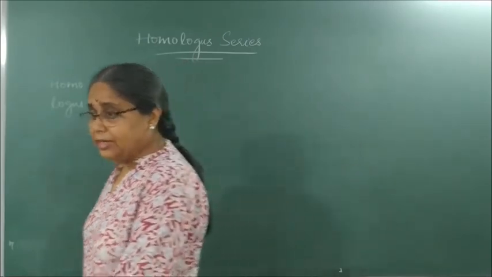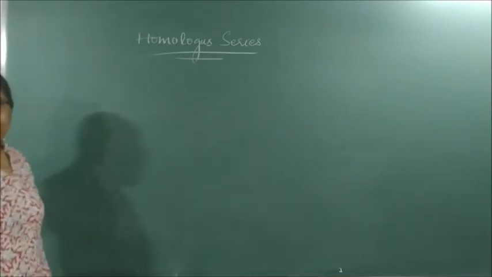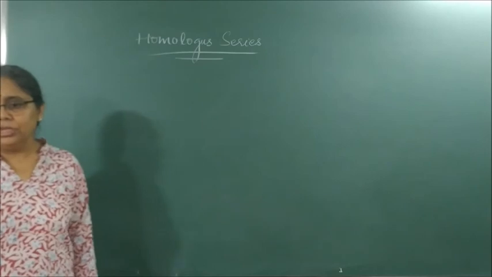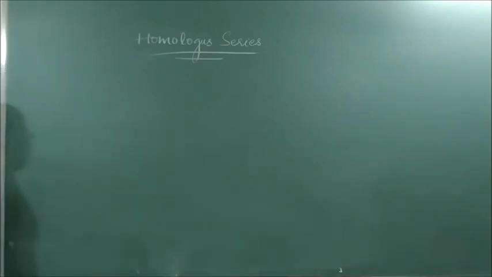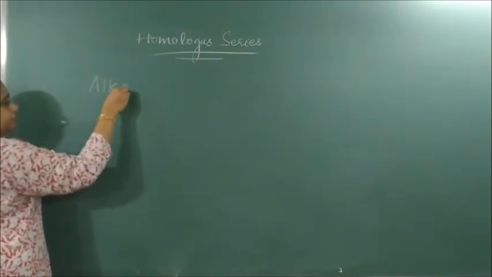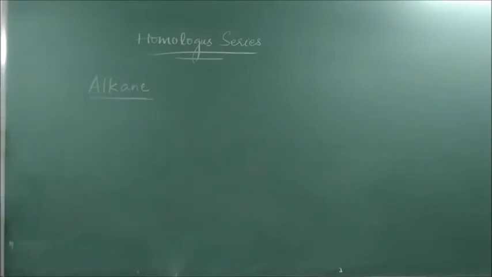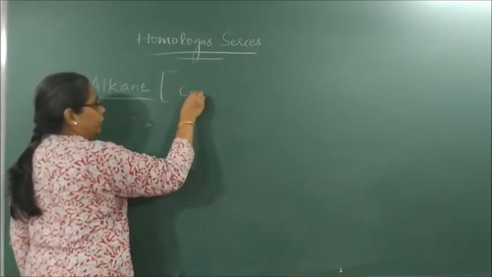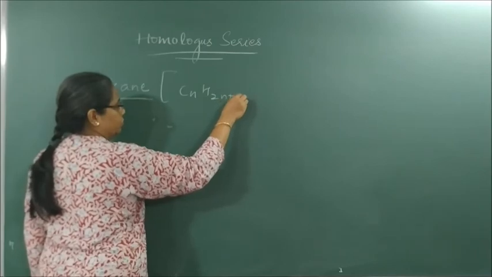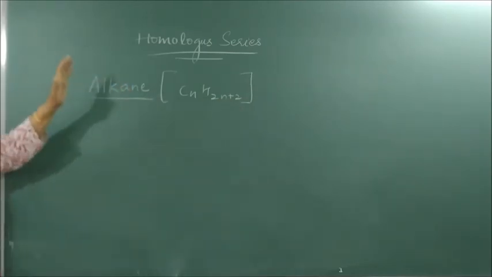We have already written homologous series. So now examples. Example 1, alkane. What is the general formula? CnH2n+2. All carbon-carbon single bonds are placed together.